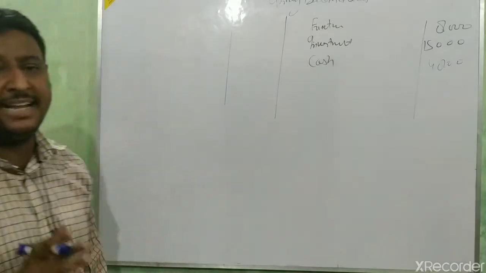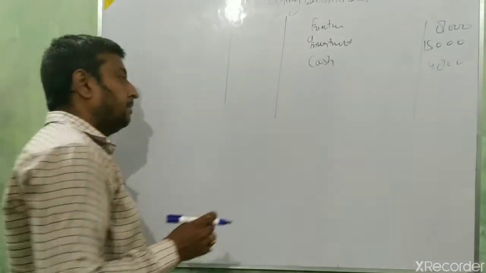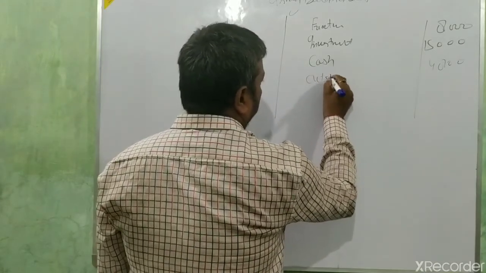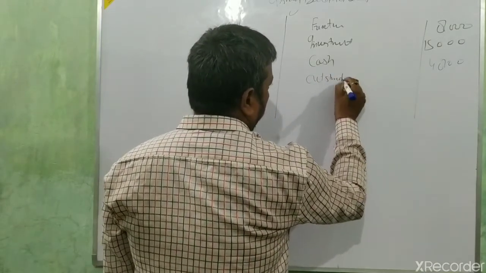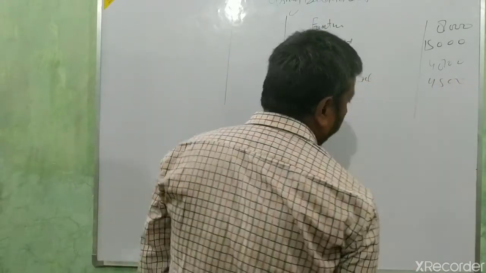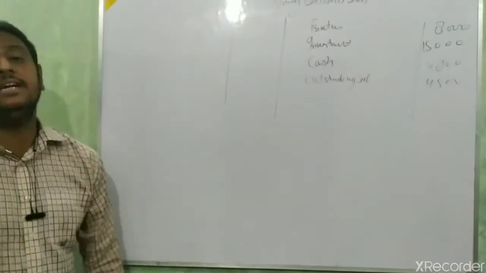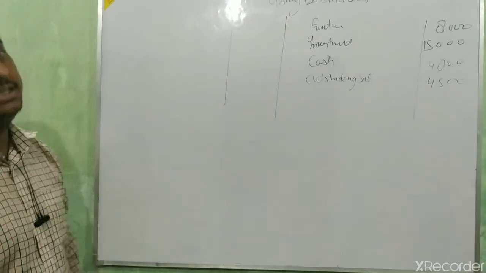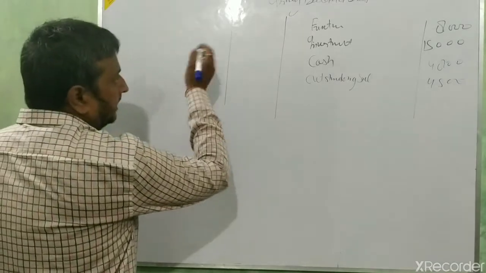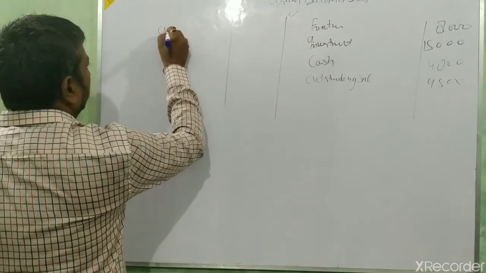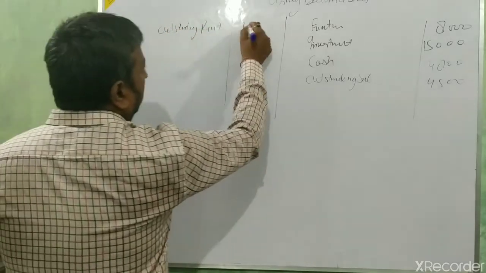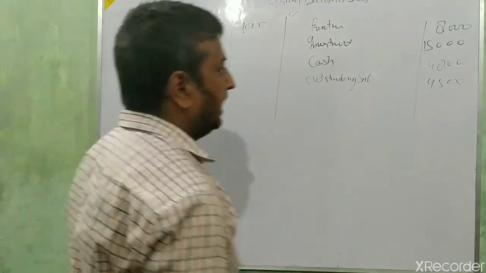Then outstanding subscription for last year, because subscription is treated as an asset, that is 4,500, and 1,000 is given for outstanding rent, and outstanding we show on the liability side. Okay, anything else?